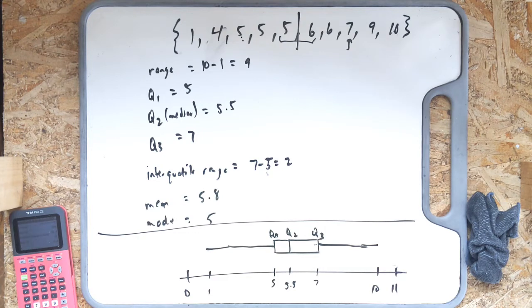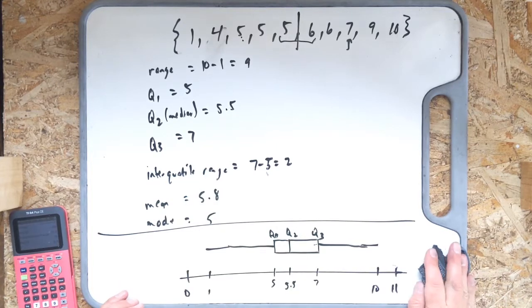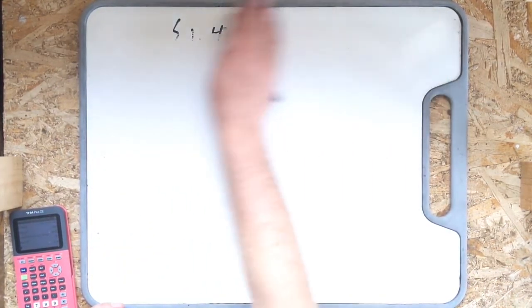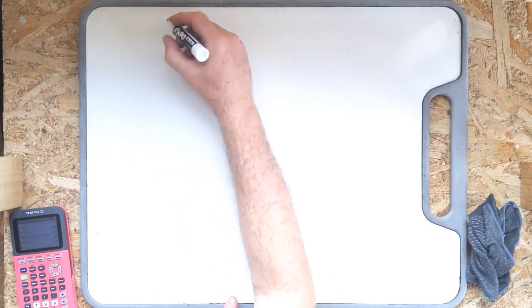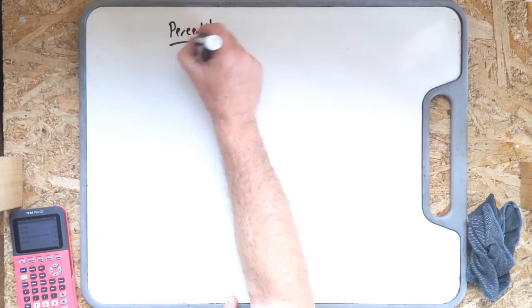Okay. We have one more concept to do and then we'll stop. We're going to do what is called percentiles now. So I'm going to put that up first. This is the last statistical measure we're going to do today.